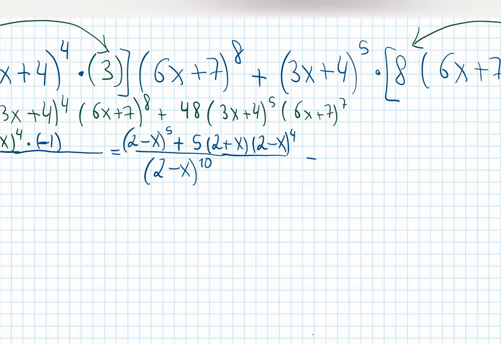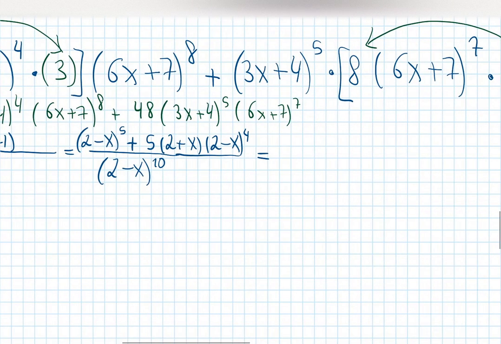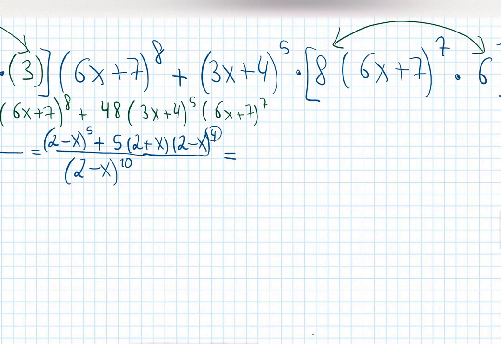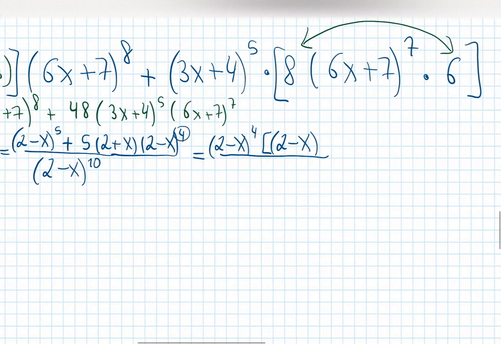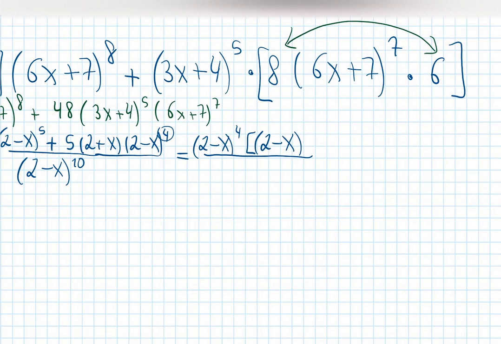As you can see, we can factor out 2 minus x with the smallest exponent. The smallest exponent will be 4. So let's factor out that piece. It's going to be 2 minus x to the 4. Factoring out gives us 2 minus x, and the first factor plus 5 times 2 plus x.